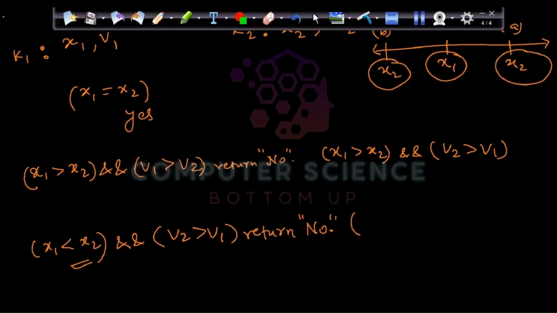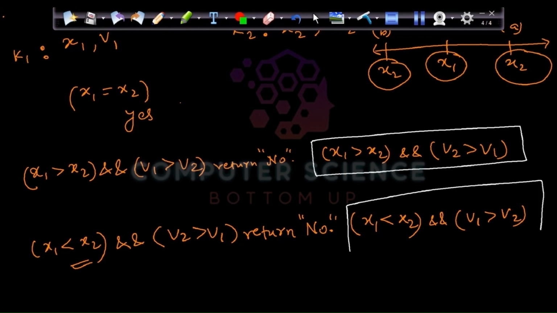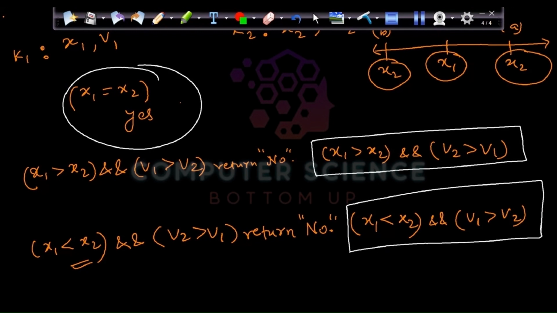Similarly, when Kangaroo 1 is behind Kangaroo 2 at the beginning, but Kangaroo 1 is faster, then there is a chance that they will meet. We have to consider these two situations in some detail. For the other situations, you already know whether it is yes or no.